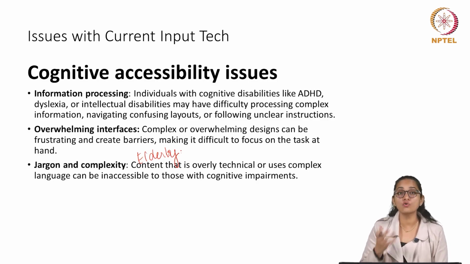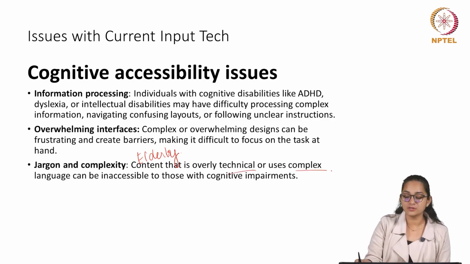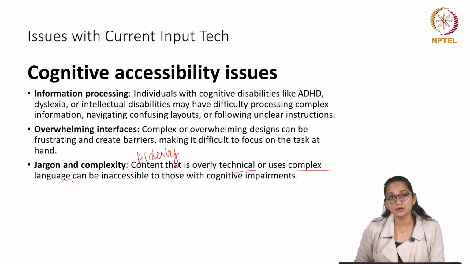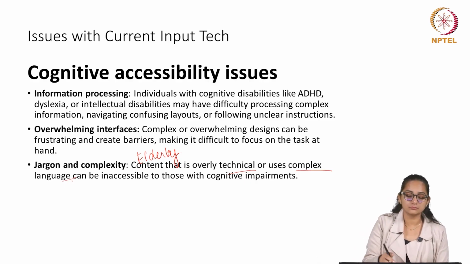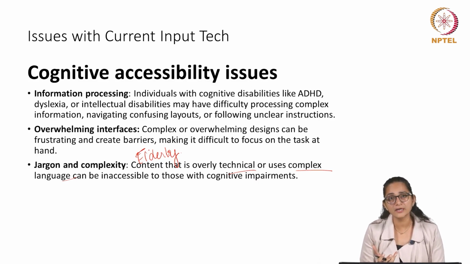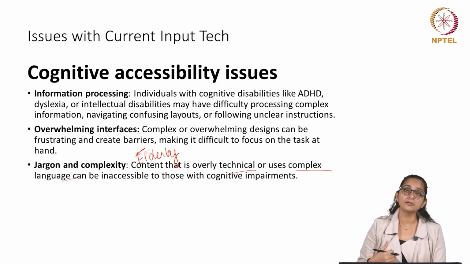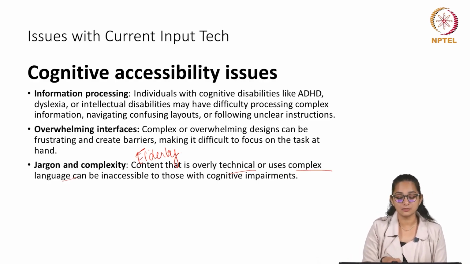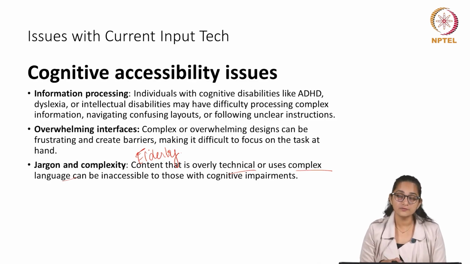Content that is overly technical or uses complex language can be inaccessible to those with cognitive impairments. We have looked at all of these aspects earlier as well, but looking at it from an input interaction perspective, we are trying to see what the different issues are in the current input technology state of the art.